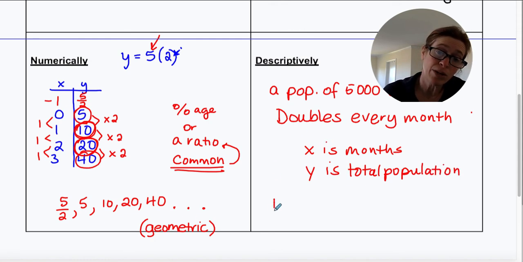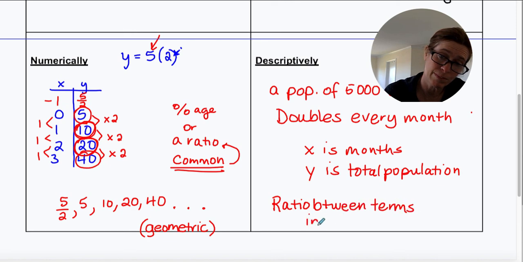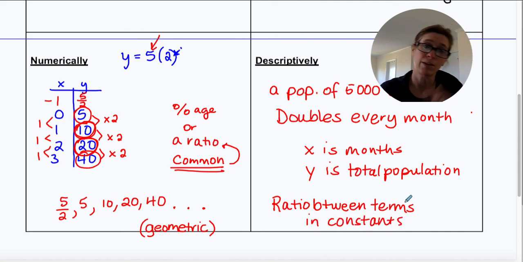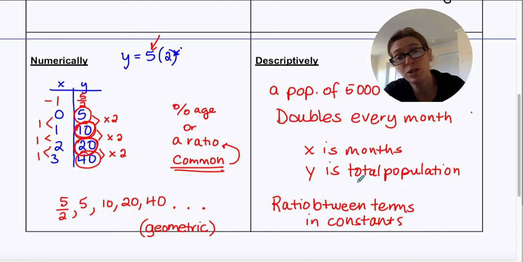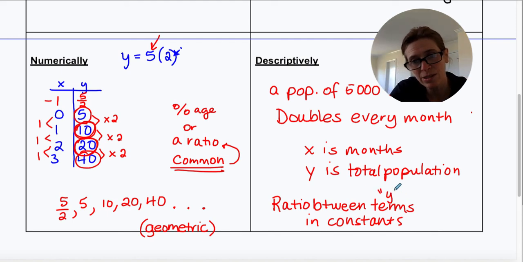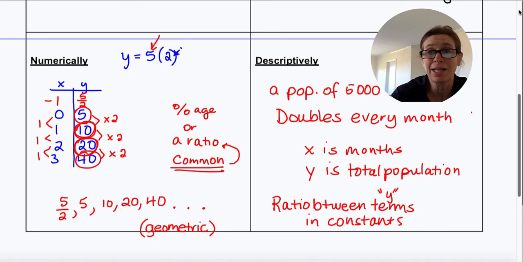I'm letting 5 in this case be the 5,000. Descriptively as well, I want you to notice that the ratio between terms is constant, the ratio between terms being the y values. And that's how we can look at an exponential function.